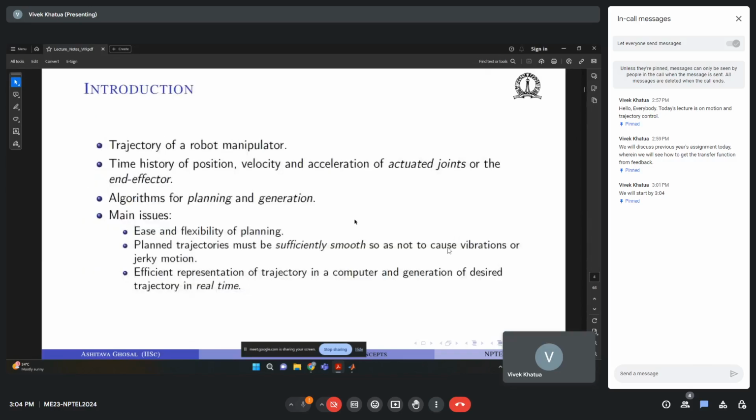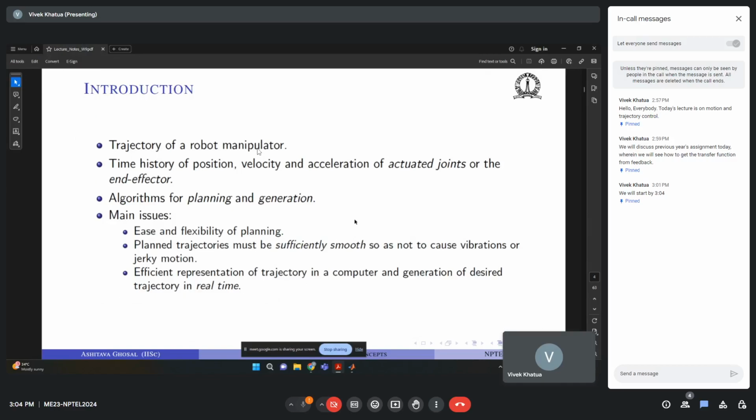Generally, when we are talking about trajectory control in robot manipulators, we are talking about the end effector position, and not only position, but the end effector's position with respect to time, right?